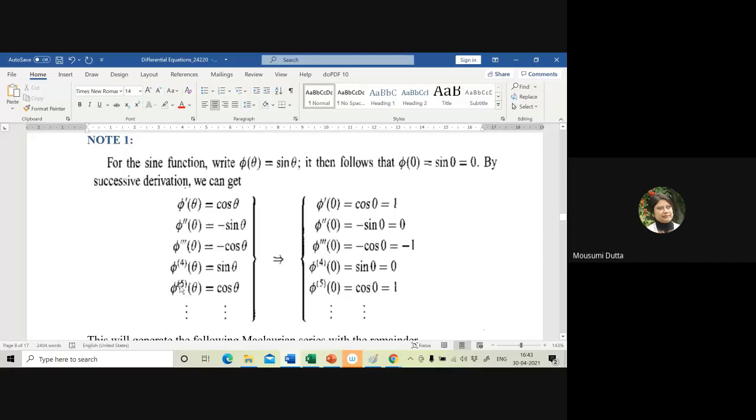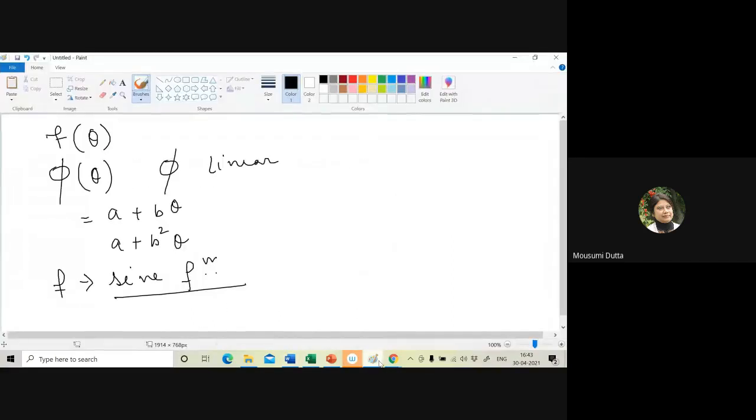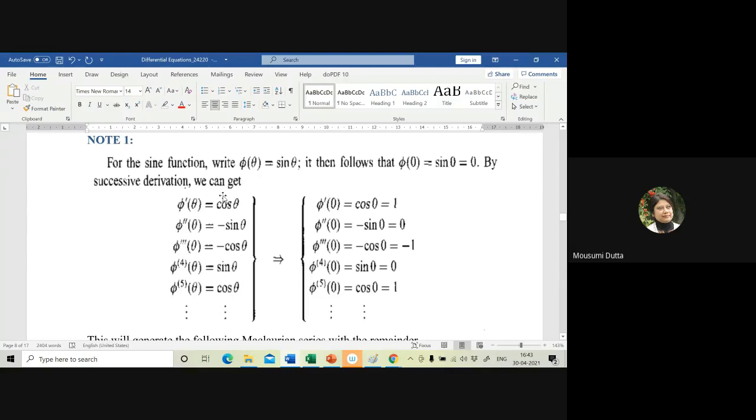You can take phi prime theta, phi double prime theta, for a plus b theta, or a plus b squared theta, you can go on like that.